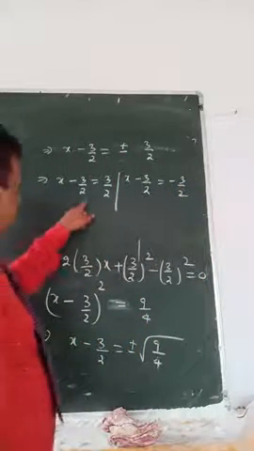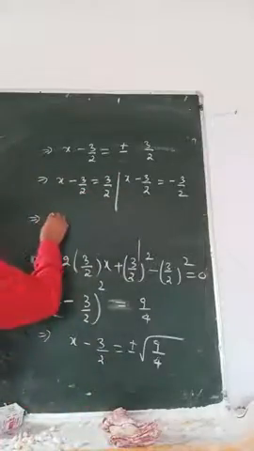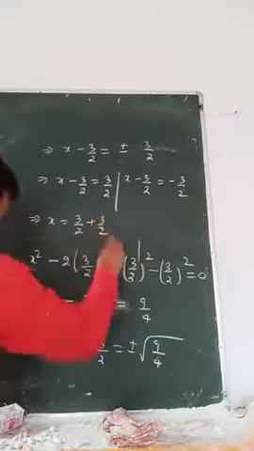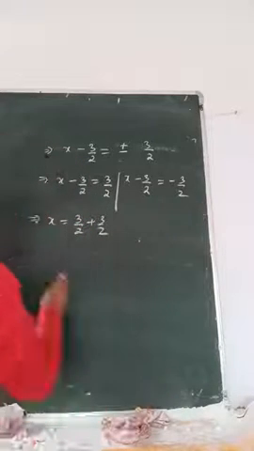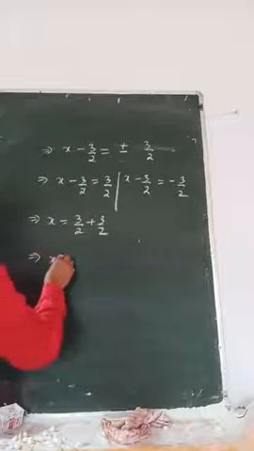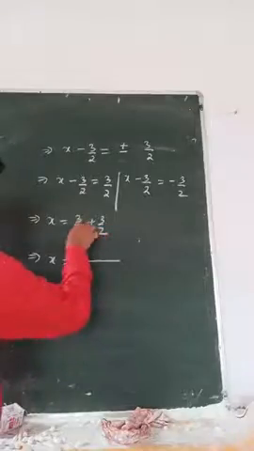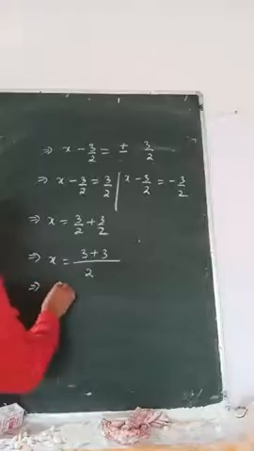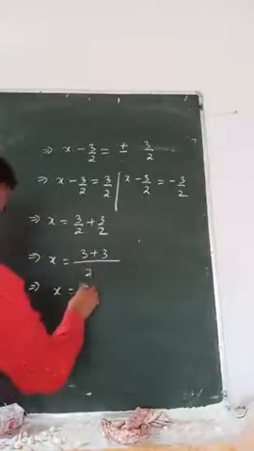Taking this to the other side, x is 3 by 2 plus 3 by 2. The denominator is the same, so you can add the numerators: 3 plus 3 is 6 by 2.